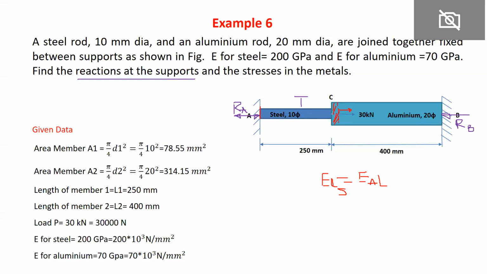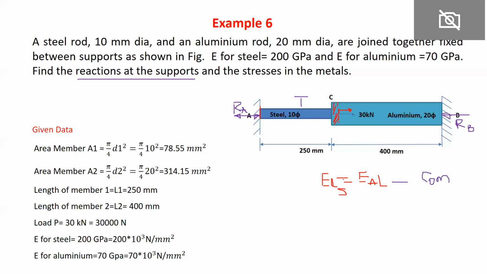It remains within this boundary, and the deformation of the individual member occurs. So elongation in steel bar is equal to elongation in aluminum. This we can call a compatibility equation, and this is the equilibrium equation. Thus we need to write one equilibrium equation and a second equation relevant to compatibility.